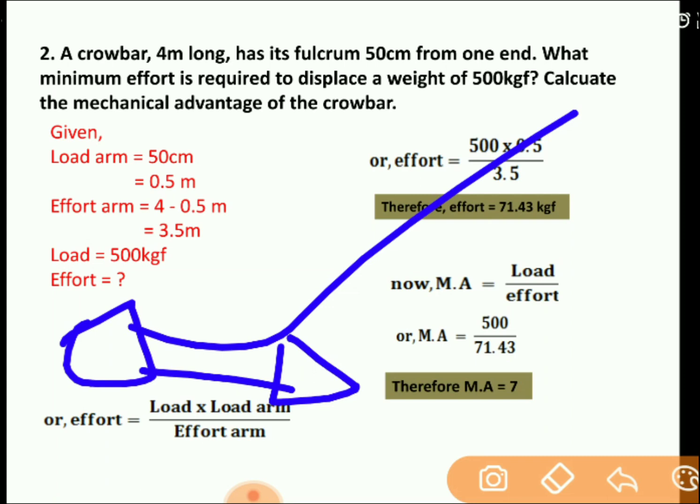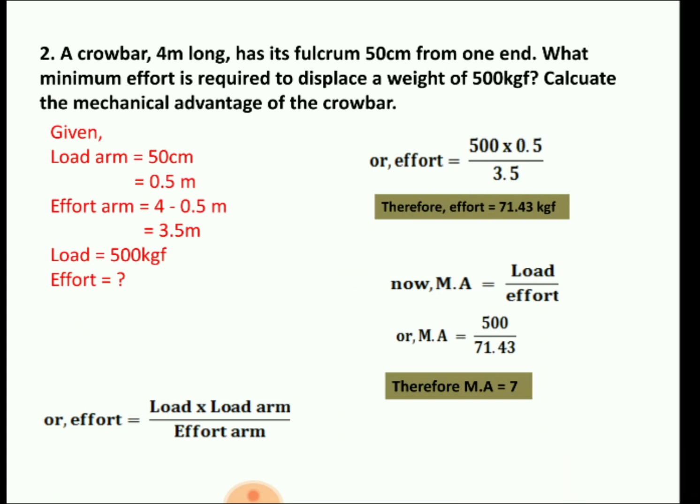Since the fulcrum is 50 centimeter from one end, the distance from the load to the fulcrum will be the smaller length. Keep that in mind, it's very important. I'll repeat again: in a crowbar, the distance from load to the fulcrum will be the smaller length. So the load arm is 0.5 meter.